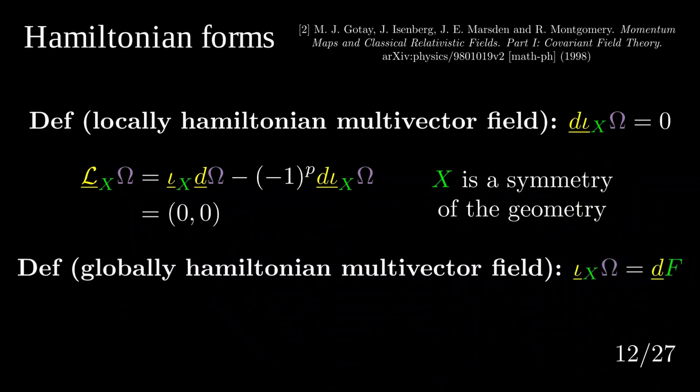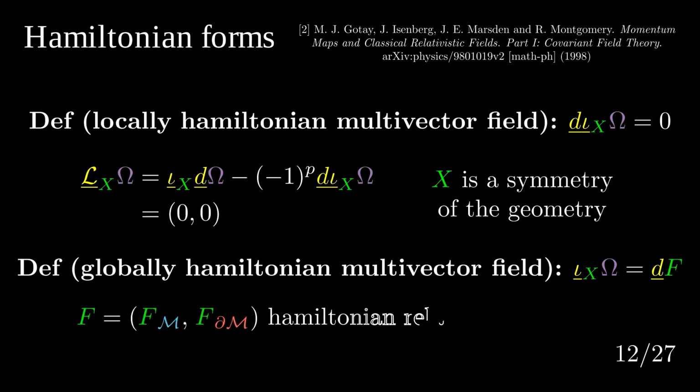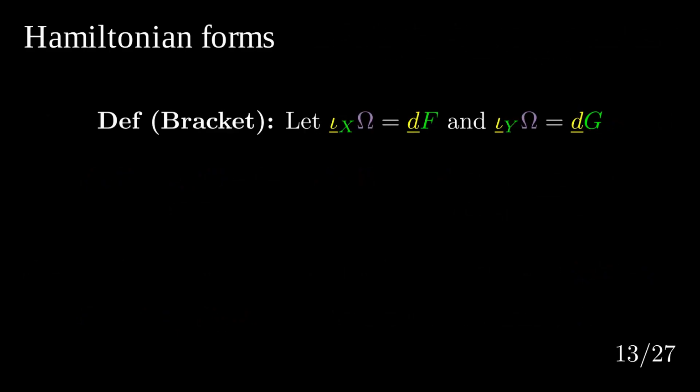We can do the same with globally Hamiltonian multivector fields, which are those whose contraction is not 0, but is exact, and this differential form F is going to be called the Hamiltonian relative form associated to the vector field X. We can define a bracket similarly.